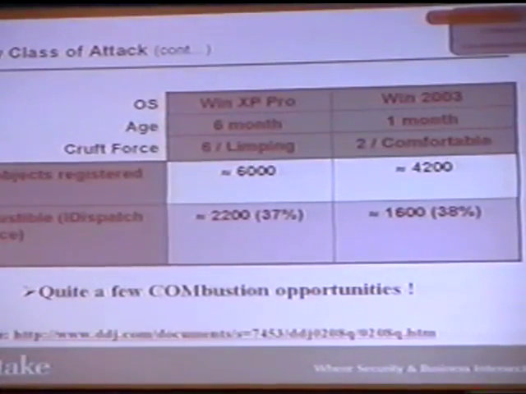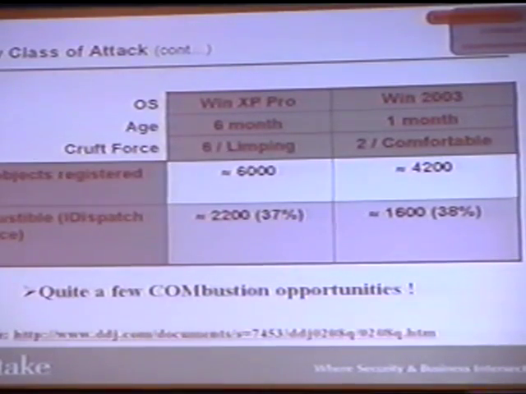To understand better what window of opportunity existed, I wanted to find out what my laptop and a standard environment had. As you can see, my laptop, the one on the left, I unfortunately have to reinstall the OS about every 6 months or so. It seems not to stay stable long enough for me. There are about 6,000 objects registered in the registry. 2,000 of them are potentially combustible.